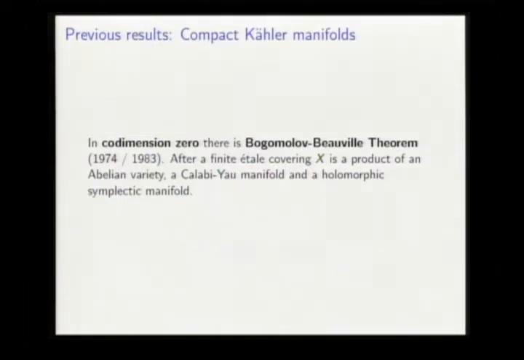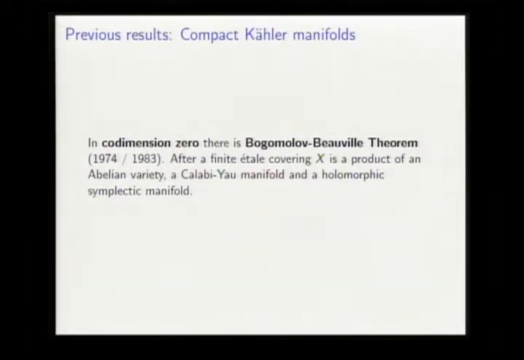There is this beautiful theorem by Bogomolov and Beauville from 1974-83 that says that after a finite étale covering, X is a product of an abelian variety, which is just a compact complex torus that is also projective; a Calabi-Yau manifold, which is a manifold that has no holomorphic form except of top degree, and has dimension at least 3; or a holomorphic symplectic manifold. It has a holomorphic 2-form such that the top power is nowhere 0.